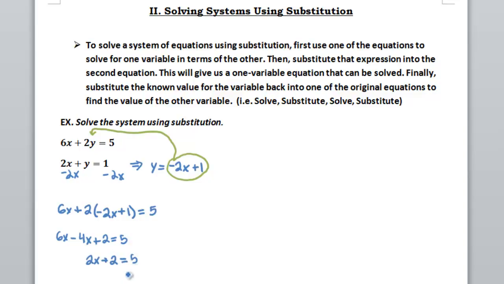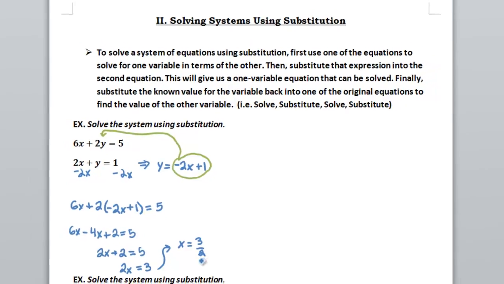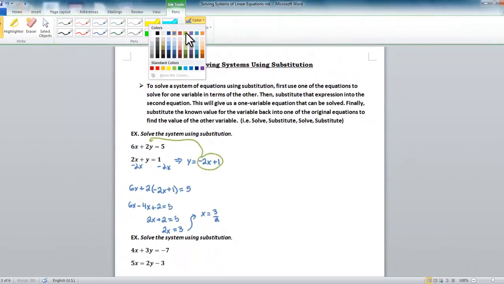Subtracting the 2 from both sides gives us 2x is equal to 3. And dividing both sides by 2 gives us x is equal to 3 over 2. We found x.